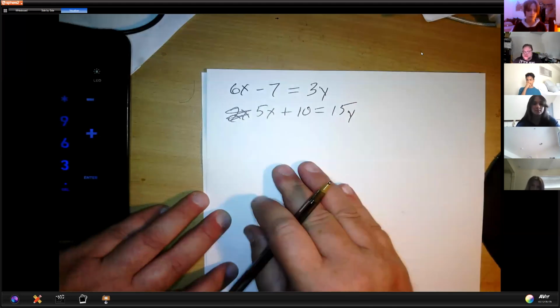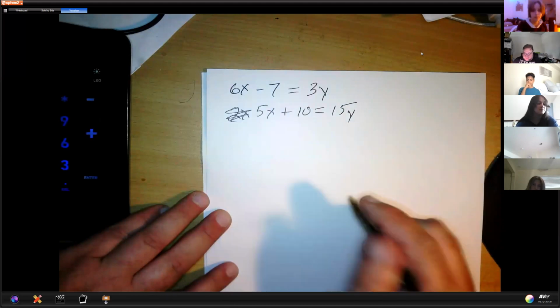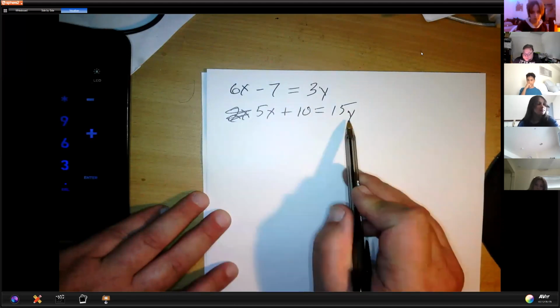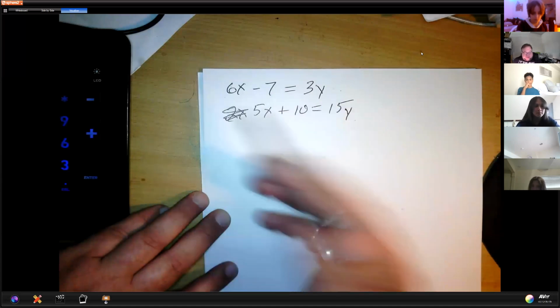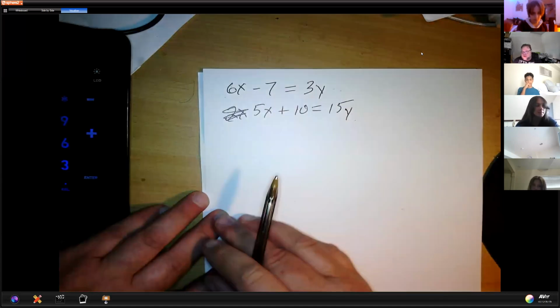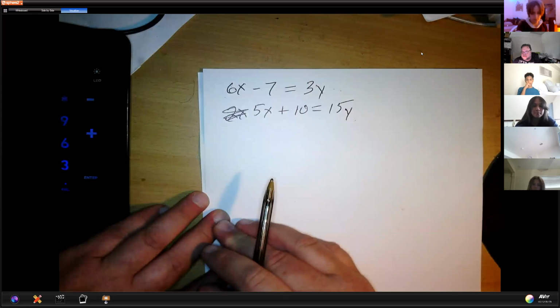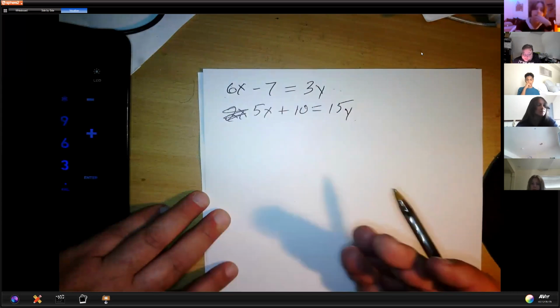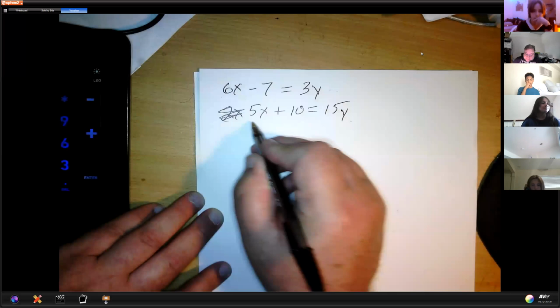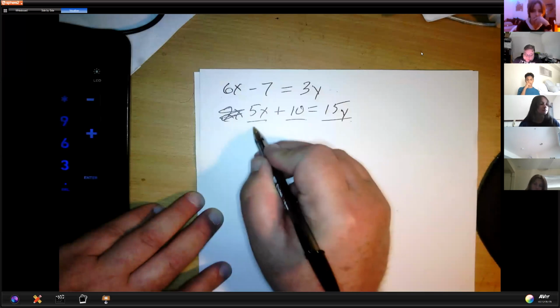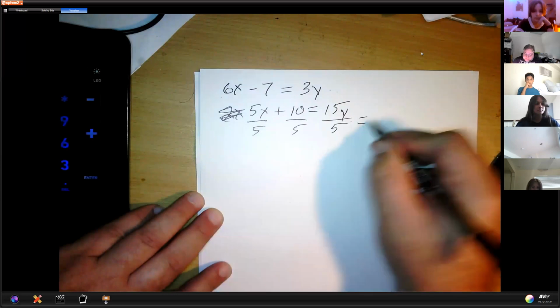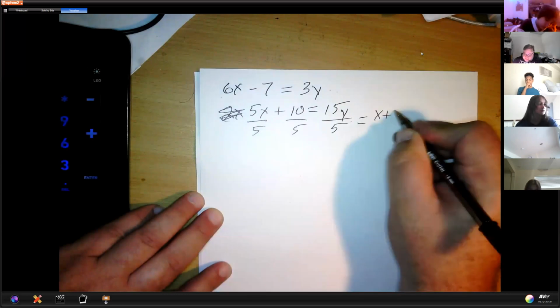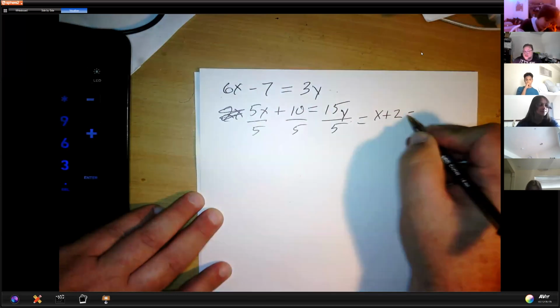So now when I have something like this where you're like, oh God, I'm going to have to multiply some really big number to get this to work, right? Because I can multiply this by 5, but then my numbers get really big. But couldn't I also just take one of these and solve for one of the variables? Let's say I decided to divide everything by 5. Now I get x plus 2 equals 3y.